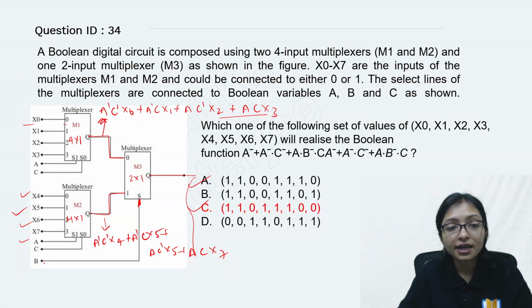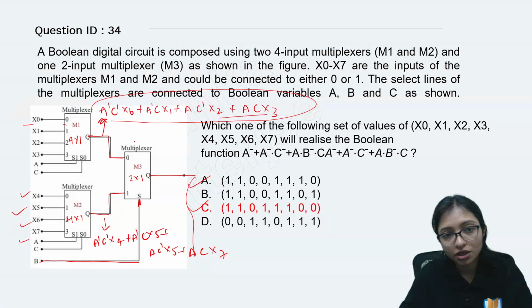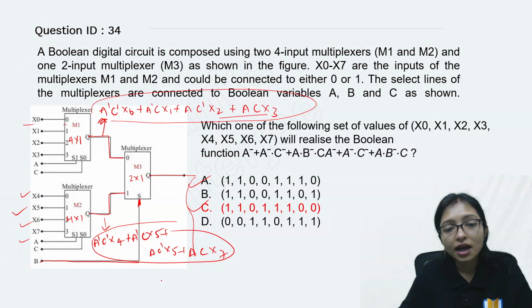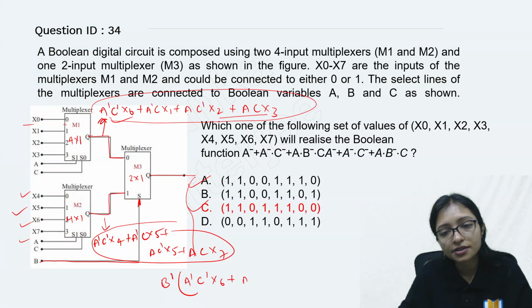Now one input is this, and this together is my another input. After that, whenever I get B bar, this one is selected, meaning A bar C bar x0 plus A bar C x1 plus A C bar x2 plus AC x3.